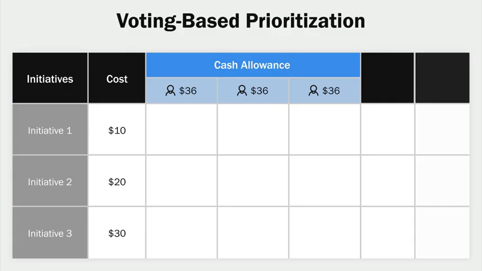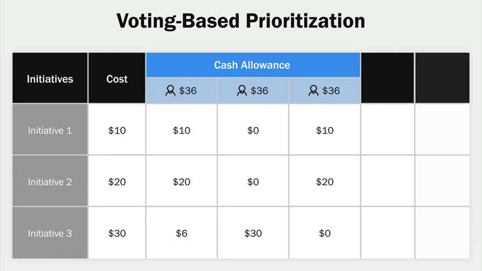Then, the PM gives each member on their team a cash allowance, representing how much capacity their team has. Let's assume there are 3 people on the team and 12 weeks in the quarter. This means everyone gets $36 to allocate. The team then votes for features by buying them with their cash allowance, representing how they'd choose to allocate team capacity if they were allowed full control.